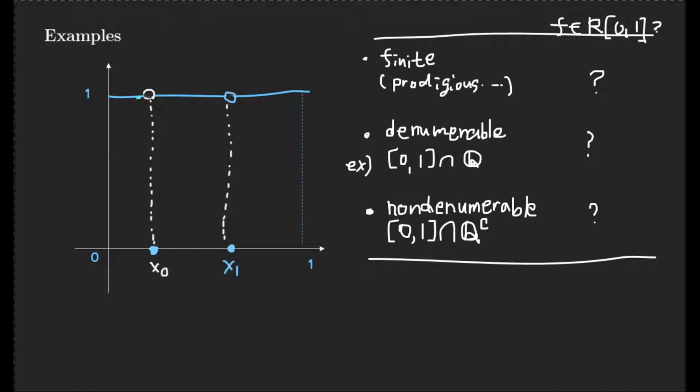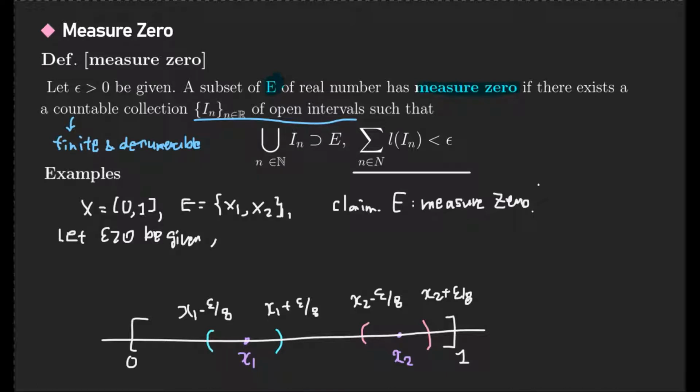So the finite or denumerable case is altogether called a countable set. In this case the collection of intervals is finite, so also countable.